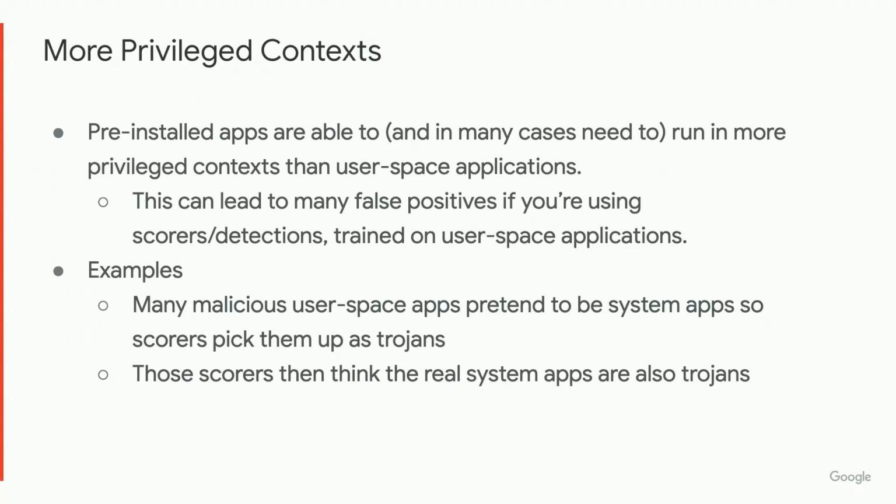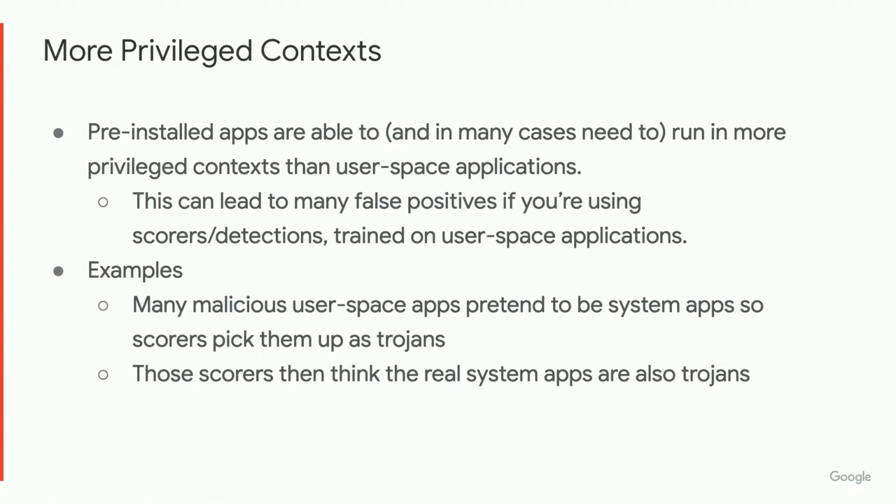When we began trying to apply all of these scores and detections to pre-installed apps, we had a huge amount of false positives. So many sometimes that it was really hard to wade through, because a lot of these scores and detections were on the lookout for anything that looked too privileged or looking out for apps that pretended to be system applications, as a lot of Trojans do.